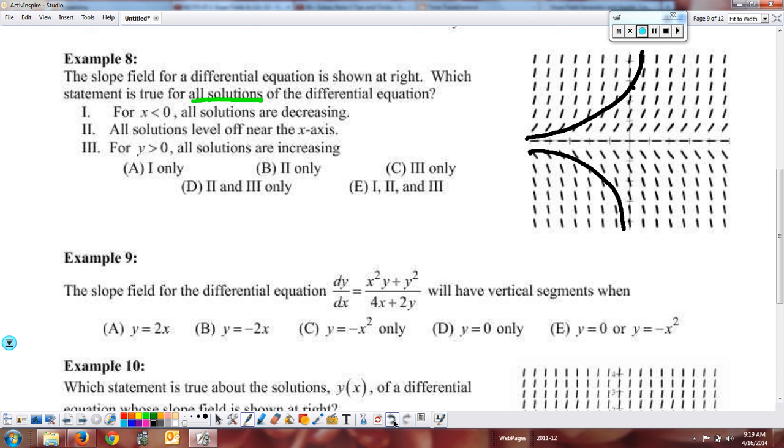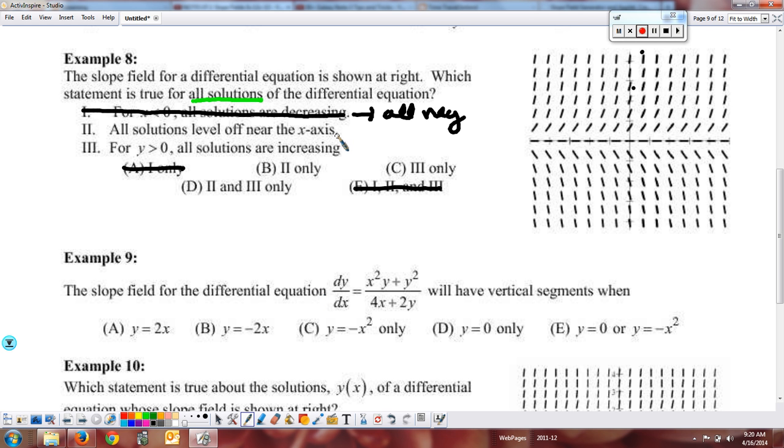So when we're looking at the slopes, what are we looking for? We're looking at slopes for x less than 0 that are all negative slopes. You have negative slopes here, but you do not have negative slopes there, so we can mark number 1 off, which means I can get rid of A and E in terms of my process of elimination.